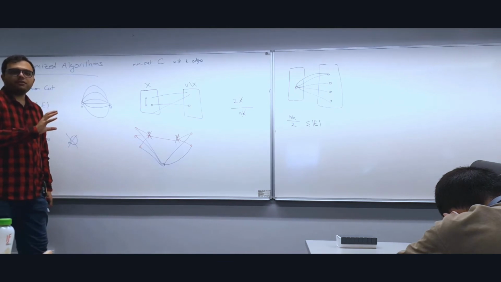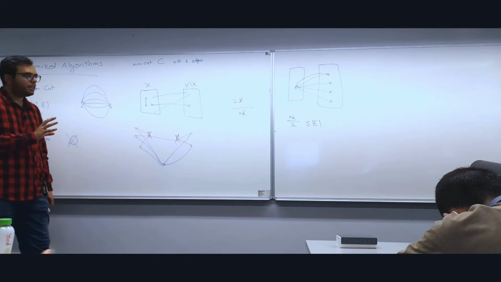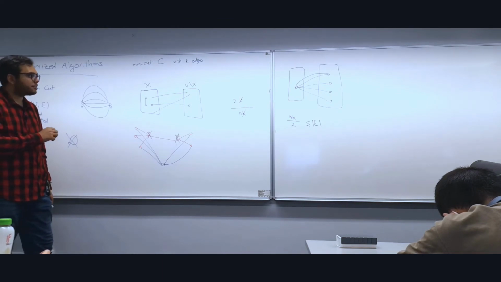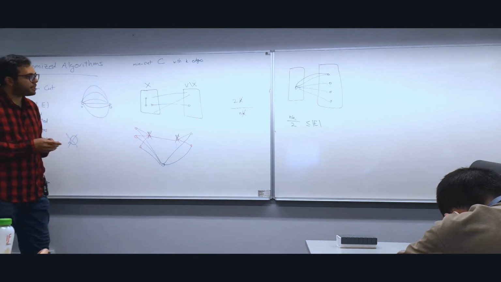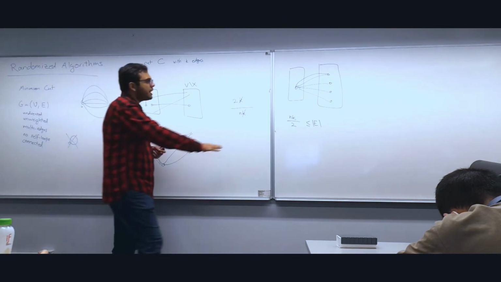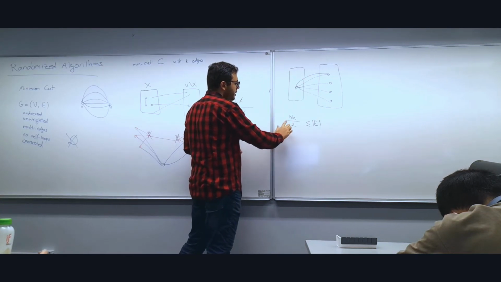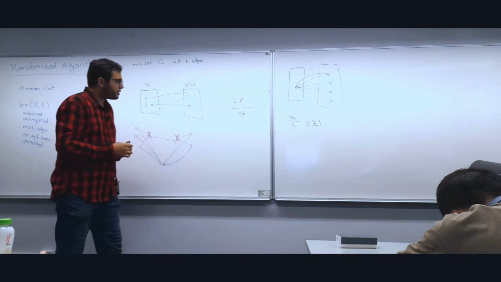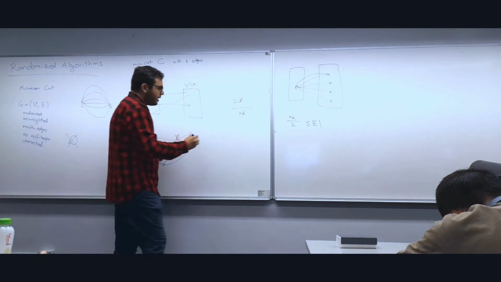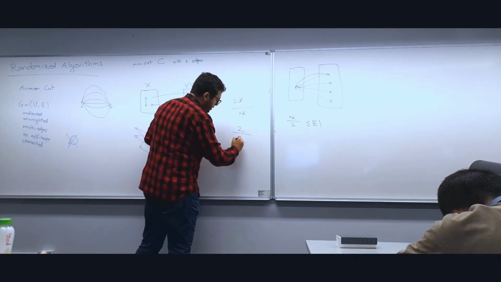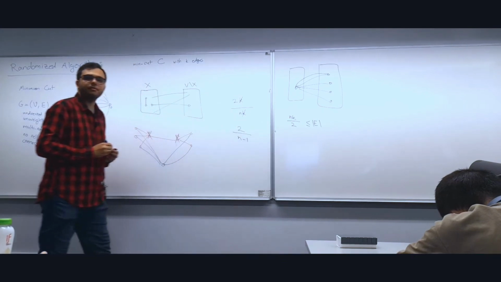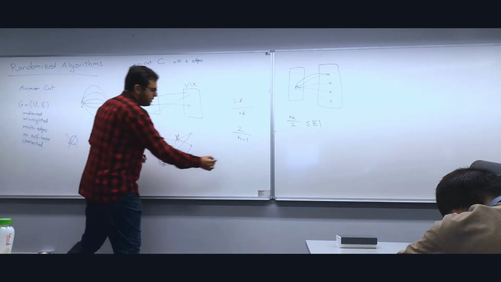Now I have a graph with n minus 1 vertices, right? What is the probability that I choose an edge that is part of my MinCut? Well, I can do the exact same argument that I did here, but instead of having n vertices, now I have n minus 1 vertices. So that probability is at most 2 over n minus 1. And I can continue this.